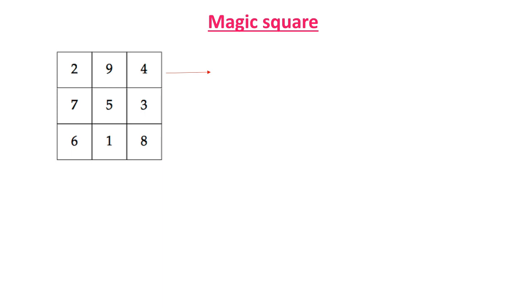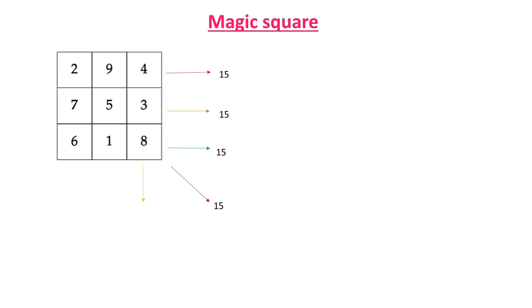If we add the numbers of the first row, that is 2, 9 and 4, the sum is coming 15. The second row, if we add 7, 5 and 3, the sum is coming 15. The third row, 6, 1 and 8, again the sum is coming 15. See the first diagonal, 2, 5 and 8, the sum is coming 15.